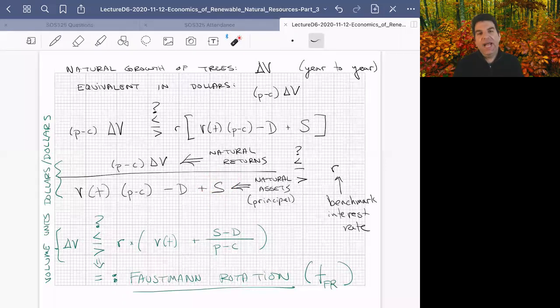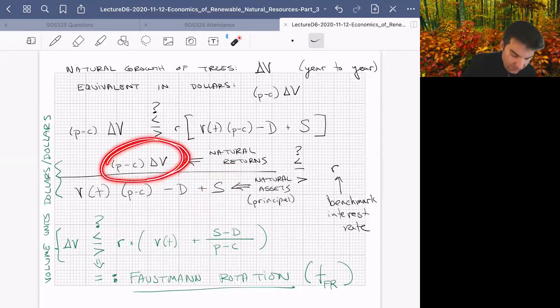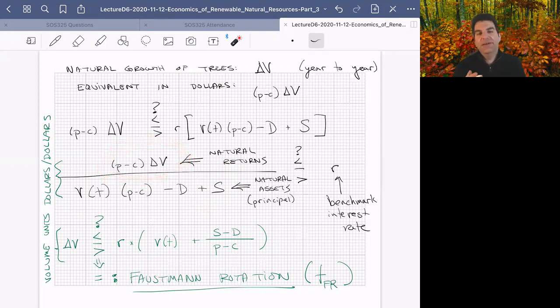It's just like if you had $1,000 in the bank and you got 20 bucks in interest, you would evaluate that bank very differently than if you had $1 million in the bank and got $20 in interest. So that's basically what's happening here: the forest owner will evaluate her returns from the forest differently if she views her land as being worth a lot more.